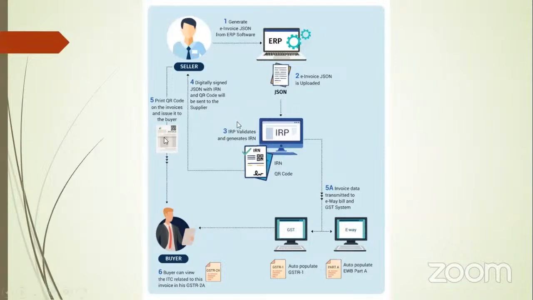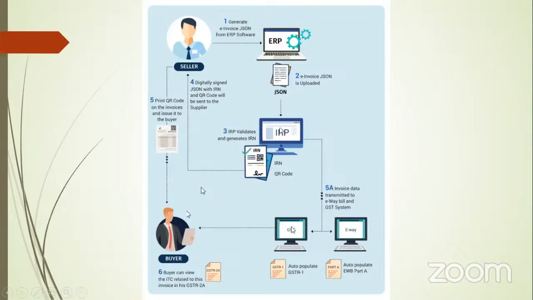That generated e-invoice is sent back to the seller through that ERP. The digitally signed JSON with IRN and QR code is sent back, and then from there it is sent to GSTR1 directly by IRP. It gets auto-populated in GSTR1.